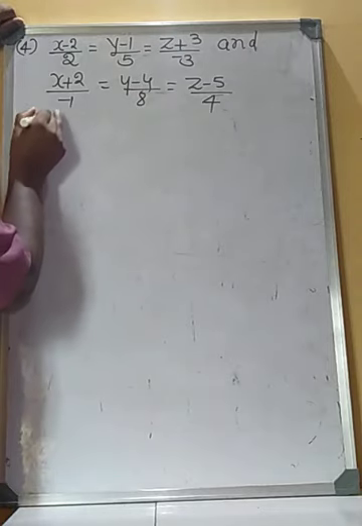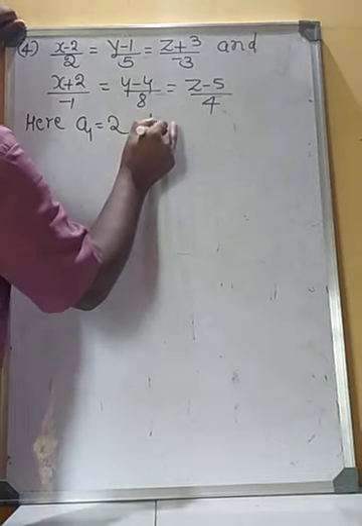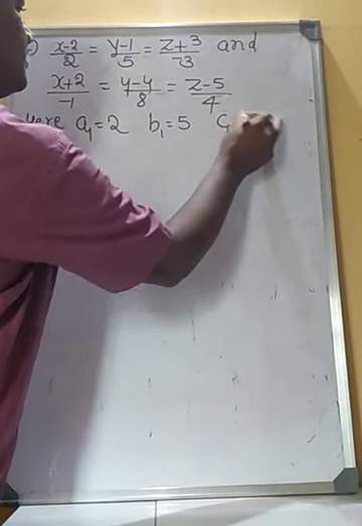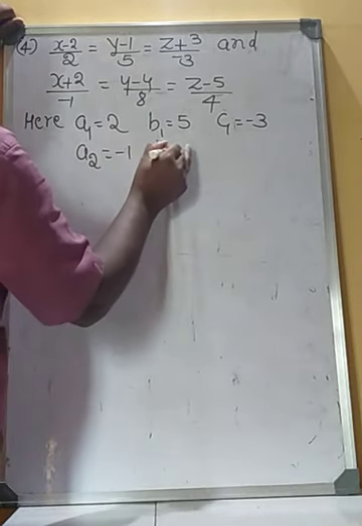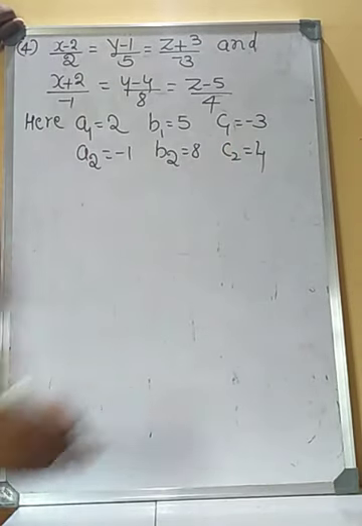Here also A1 is 2, B1 is 5 and C1 is minus 3, and A2 is minus 1, B2 is 8 and C2 is 4.